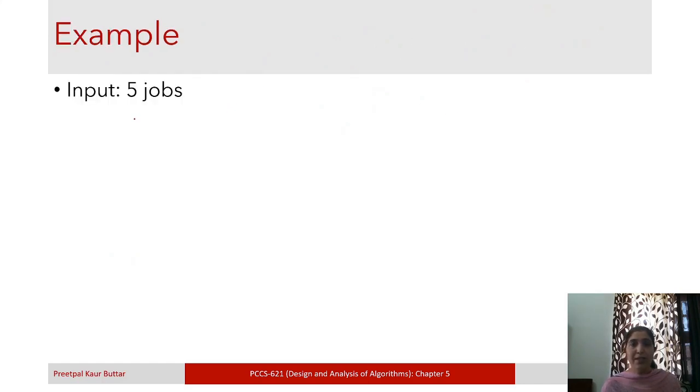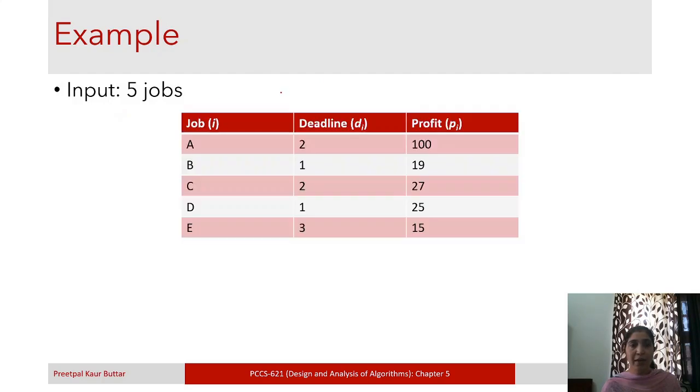So let us take an example. We have 5 jobs, A, B, C, D, E. These are the jobs, these are the deadlines, and these are the profits. Now what is our aim? Our aim is to maximize the profit.